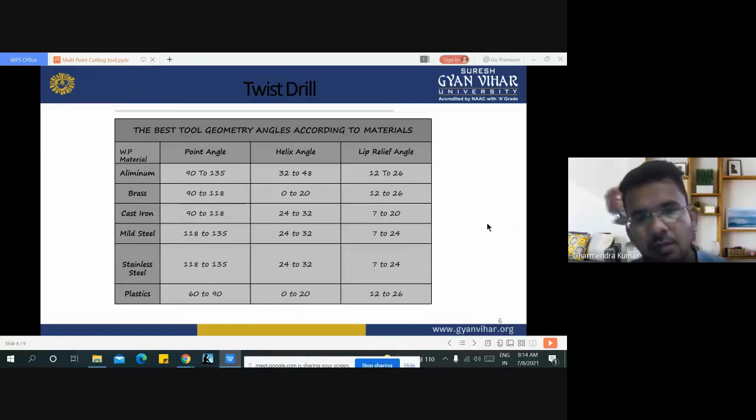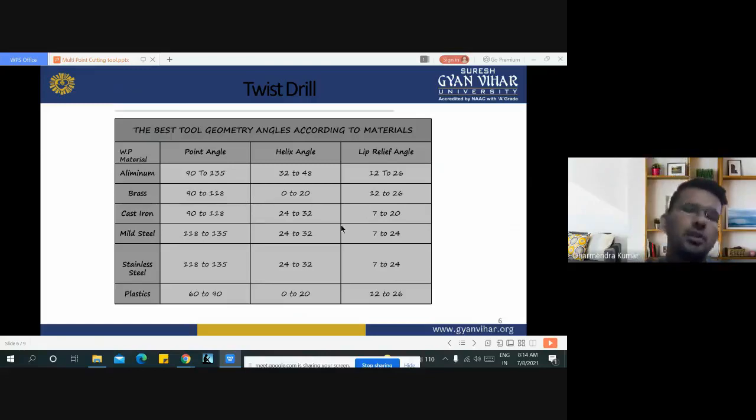Helix angle will be 0 to 20 degrees, and the lip relief angle varies from 12 to 26 degrees. This is the overall tool geometry on the basis of the workpiece material which you are using for the machining process or for the drilling process.